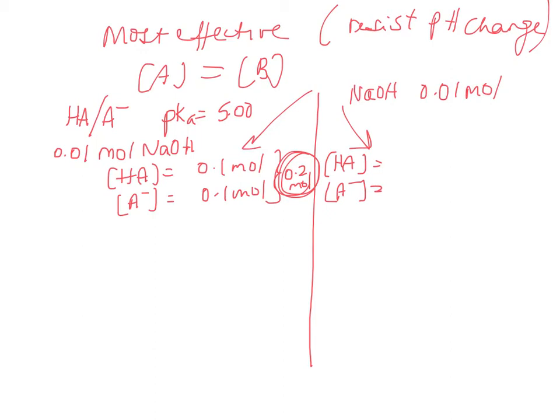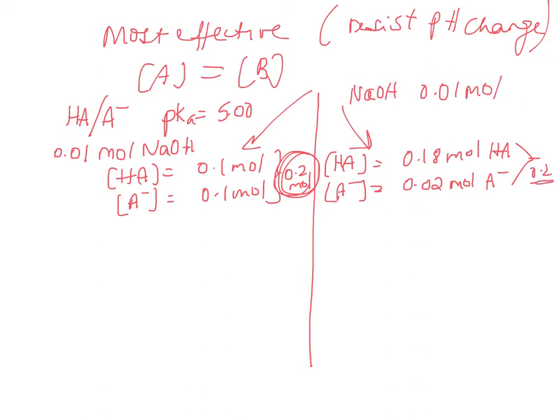In the other case, I have a skewed ratio, so I have maybe 0.18 moles of the acid and 0.02 moles of the base. It still adds up to 0.2, but the ratio is skewed.